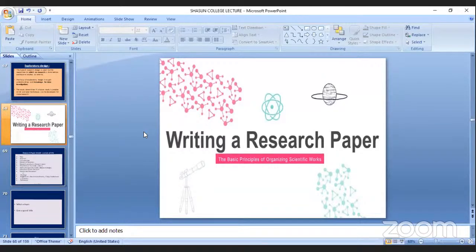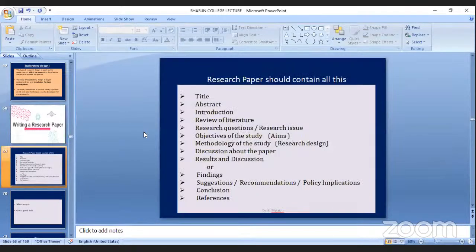This is about writing a research paper. This is very, very important. What should a research paper contain? You can see this particular slide. This is what is actually required to write a very good research paper: a proper title, abstract, introduction, review of literature, research question or research issue, objectives of the study, otherwise called the aims of the study, and methodology of the study, otherwise called the research design.